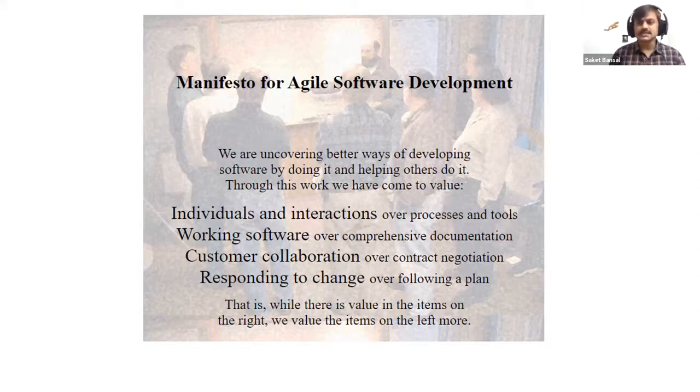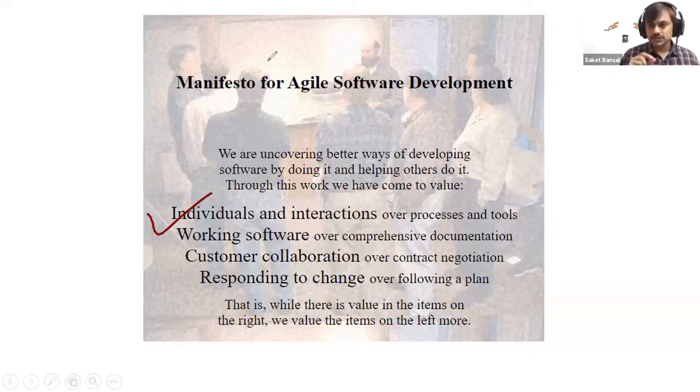And what they said is that there are four elements which need to be focused on when you are working in a very change-prone environment. And these elements are individuals and interactions over processes and tools. The idea here is, since the world is changing and the work is changing very dynamically, I can't just give you a document, tell you to read it, and your work will get done, because I don't have the capacity to make that clear document right now, because things are changing very frequently.